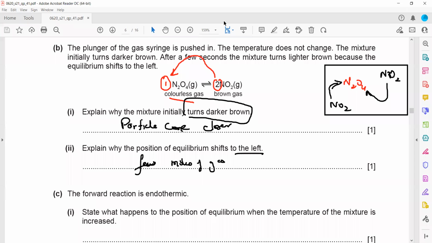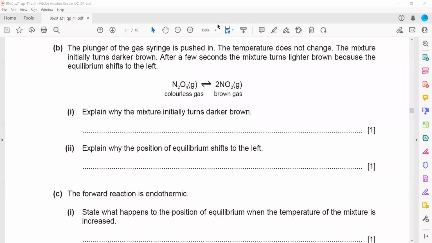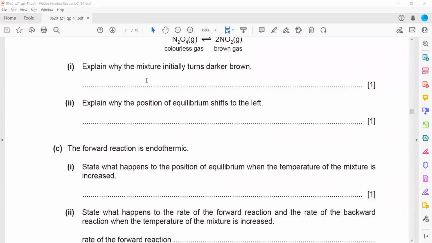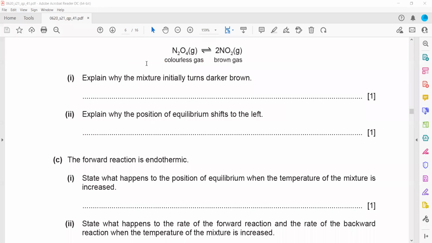They mentioned the forward reaction is endothermic. If the reaction is endothermic, when we draw the energy profile diagram for endothermic reactions, the reactants will have low energy and the product will have high energy. As I mentioned, the forward reaction is endothermic, N2O4 to NO2.